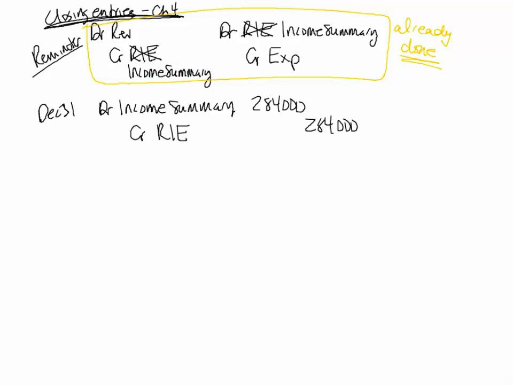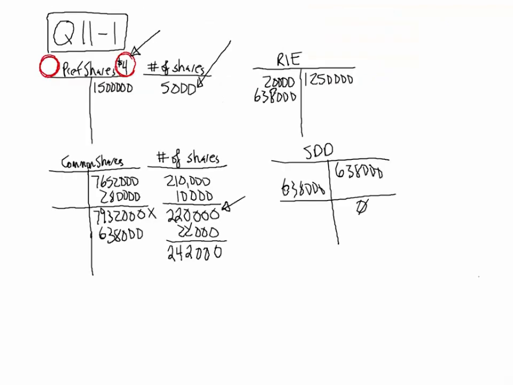When the question simply tells you that this is the amount of profit, then it's telling you that those two entries have already been done and everything is sitting in the income summary account. So make sure you take it out of the income summary account and put it into retained earnings. That's what I'm doing, just reminding you of that. So now we're going to go back to our T accounts because we want to put this into our retained earnings account. So that is $284. And now our income summary, of course, would be sitting at zero.